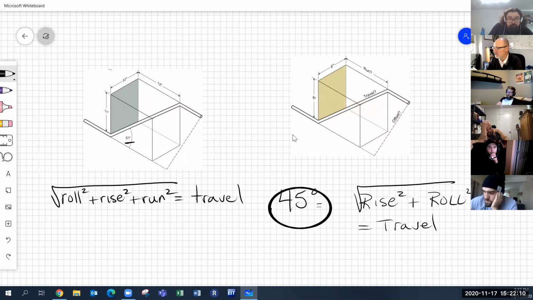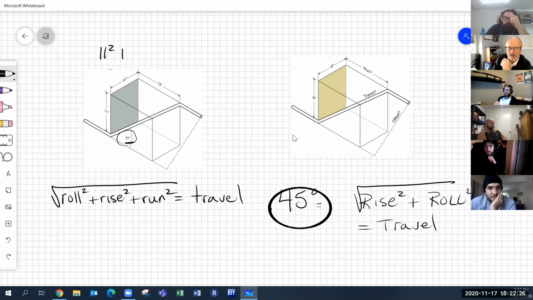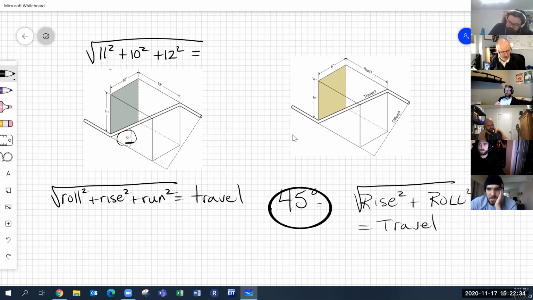Those are the only two formulas you need to solve for rolling offsets. For example, with the 51-degree angle, we simply take 11 squared plus 10 squared plus 12 squared, square root it, and that equals your travel.